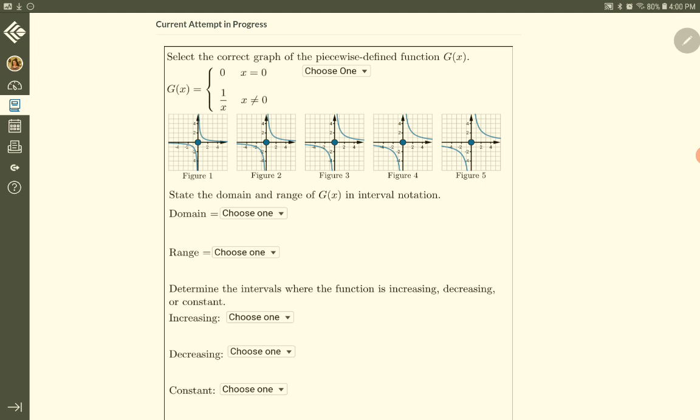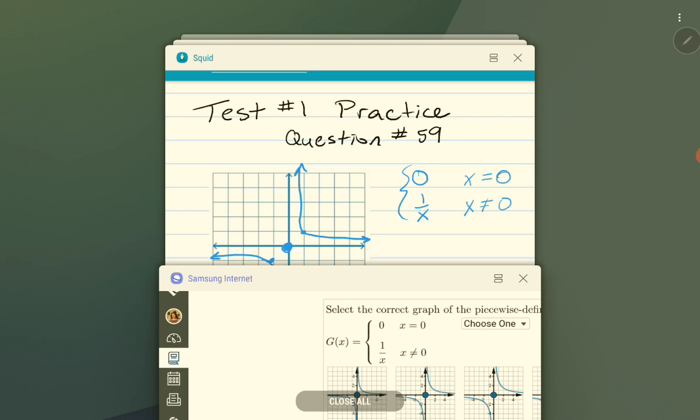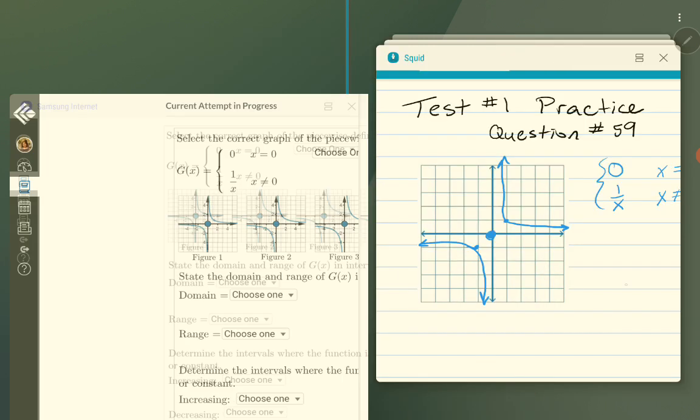When x equals 1, y should be 1, but that's not true in figure 2, and it's not true in figure 3, 4, or 5. Those curves are not going through the point (1, 1), so I know that's not it. So it's going to be figure 1.